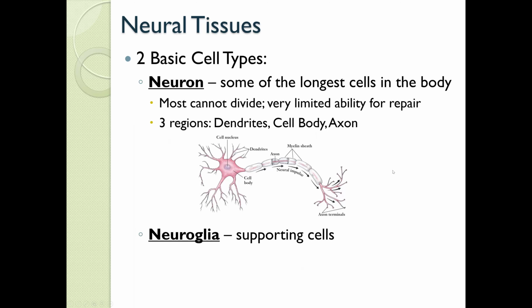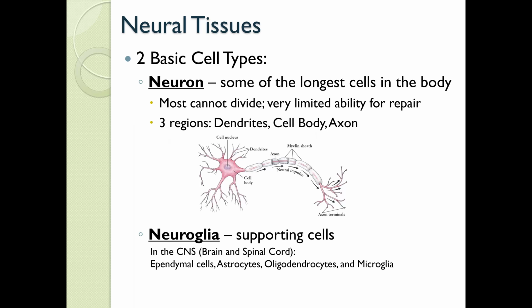The other type of cell is neuroglia. These are the supporting cells. You typically have roughly about 10 neuroglia for every 1 neuron, and the neuroglia focus on making the environment suitable for the neurons to do their best work. So they are support cells.